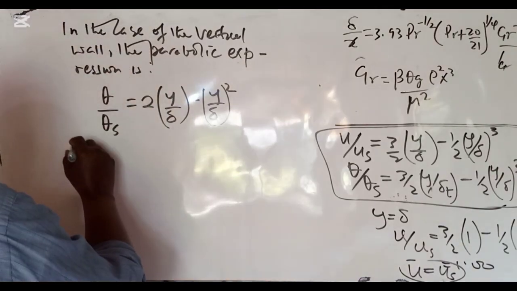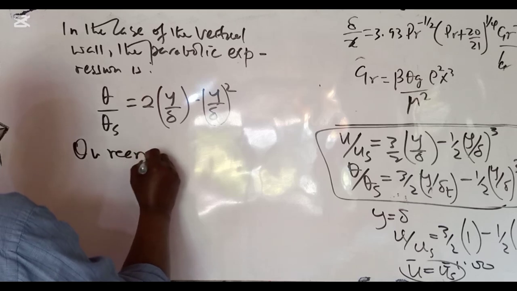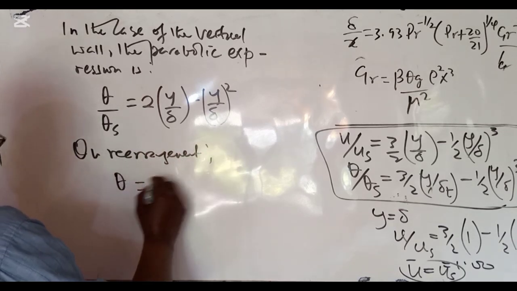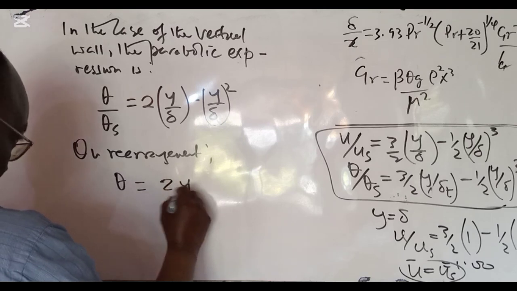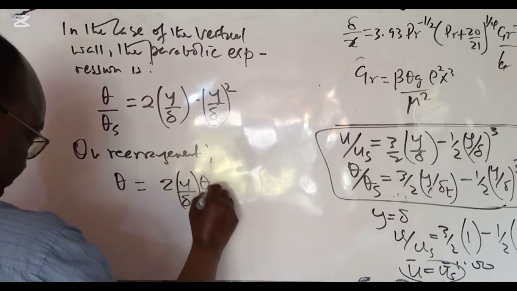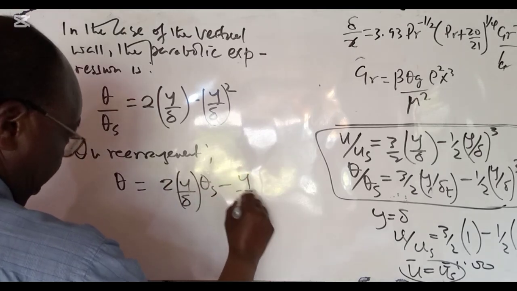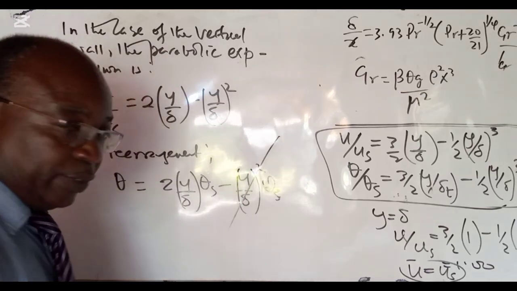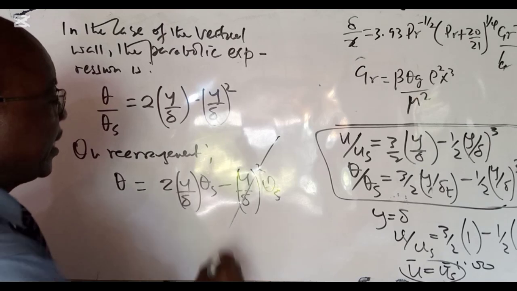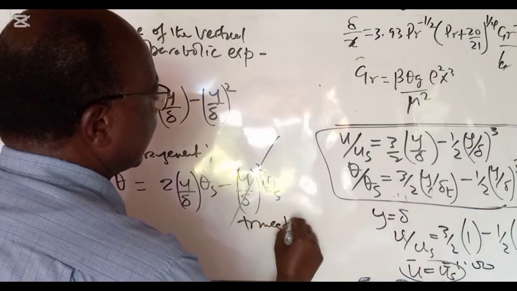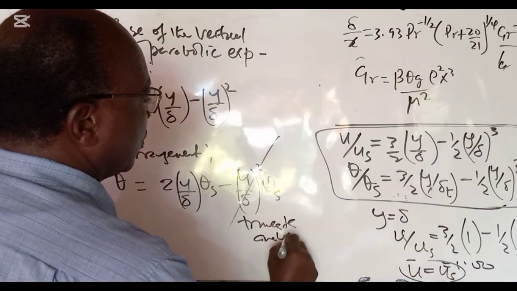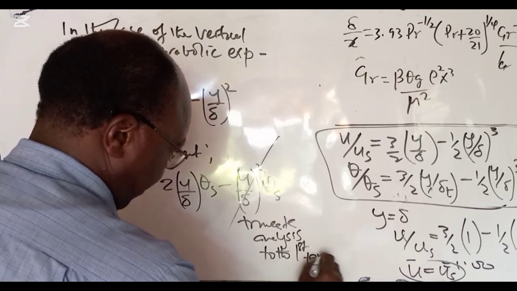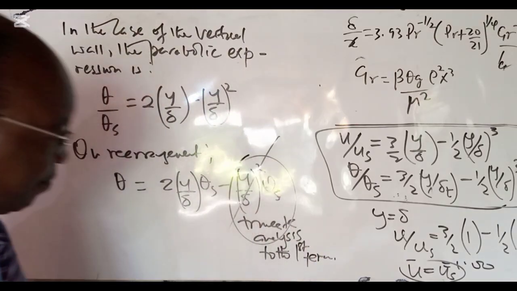Now, if we rearrange this equation, which is a very simple exercise, then theta is equal to 2 y over sigma theta s minus y over sigma squared theta s. We'll truncate our analysis to the first term. In other words, we forget that particular term.